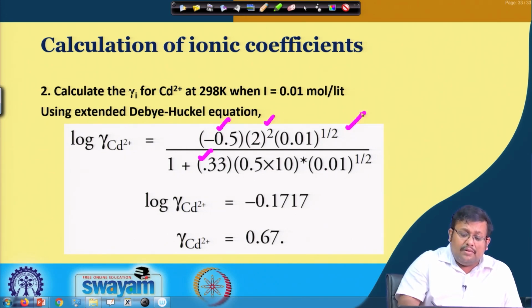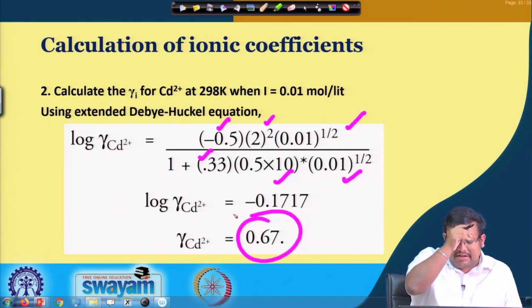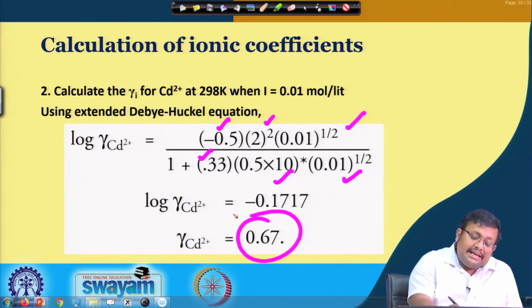So, using this formula we can calculate that 0.17 and then log of value, and from there we can get the value of 0.67. Again, we are basically using minus A Zi square over 1 plus B a I to the power half, as you can see.